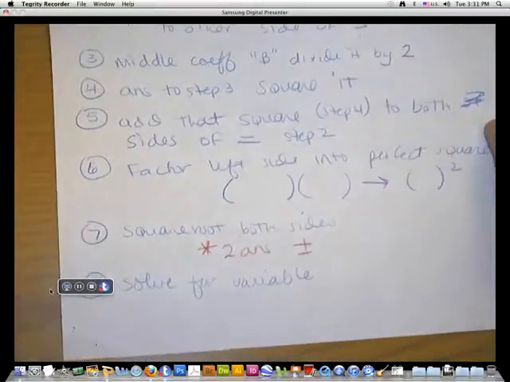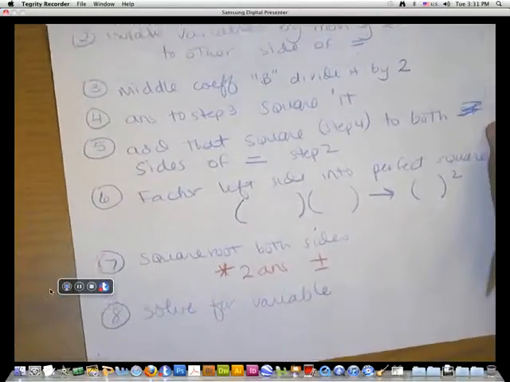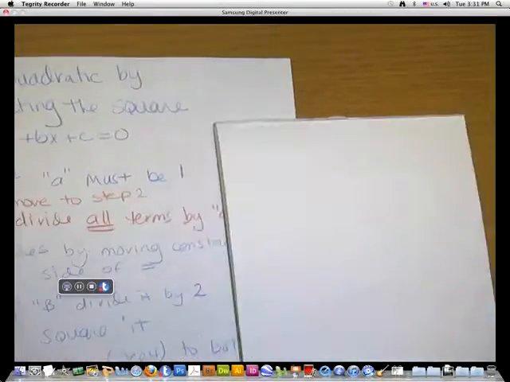All right, so it sounds like a lot, but hopefully after we do a few examples, you're going to see that it gets a little bit easier for us. But I know it might be the first time we're seeing it. It does require you using your notes and following it through until you get better at it. So let's take our notes and apply it to some examples here.